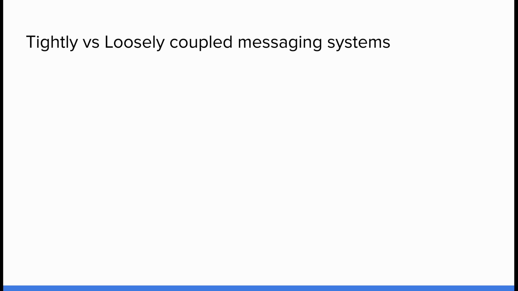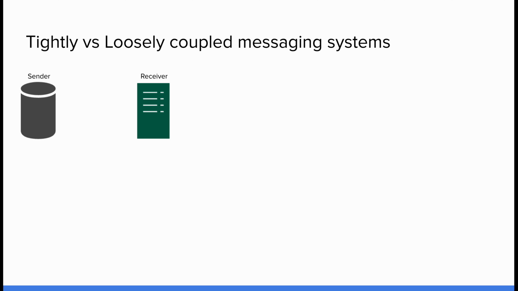So imagine that we have a sender and a receiver, such as a database and a server of some sort. The sender is sending messages or data to the receiver, and in this setup, the sender is directly connected to the receiver. So every time a message is sent, it immediately has to be processed by the receiver.